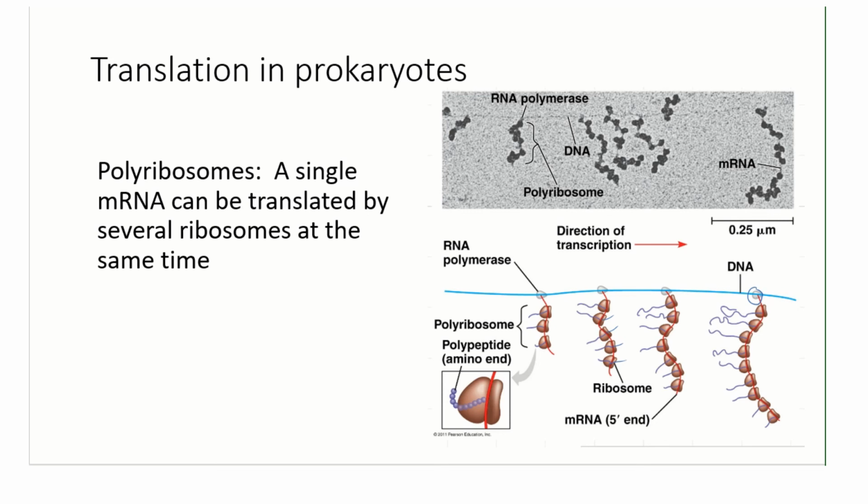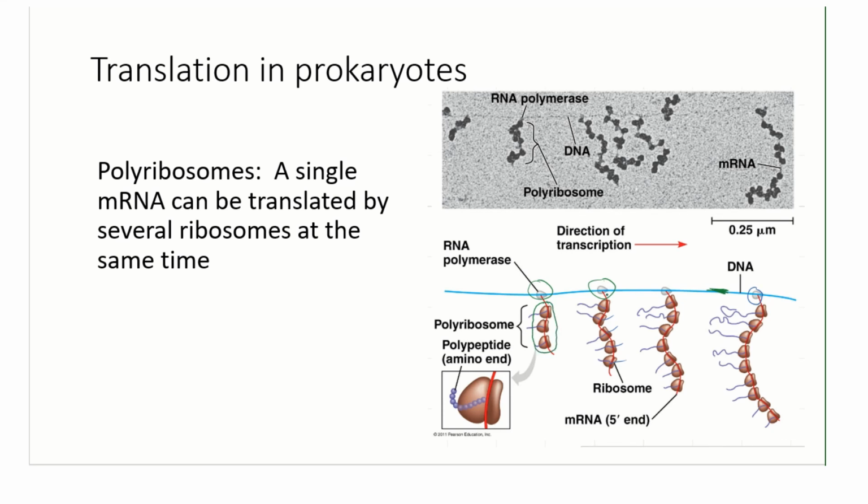So translation also takes place in prokaryotes, but it's a little different. Polyribosomes are a single mRNA that can be translated by several ribosomes at the same time. So in this picture here, we've got our DNA strand and all these RNA polymerases on it that have these polyribosomes.